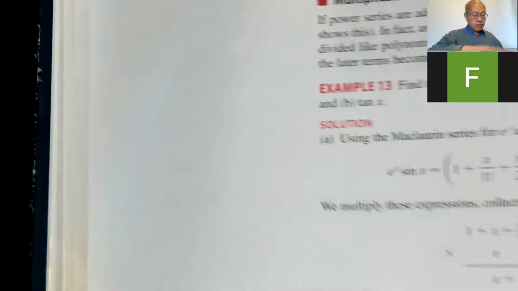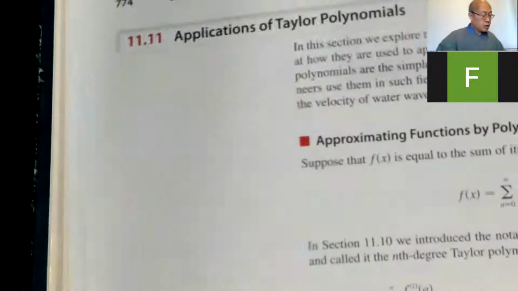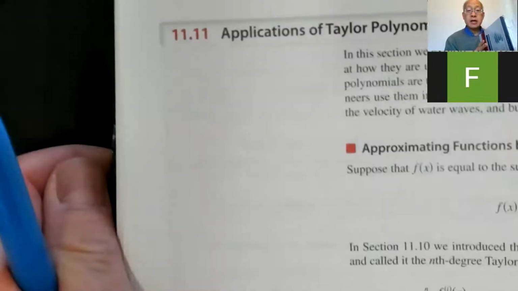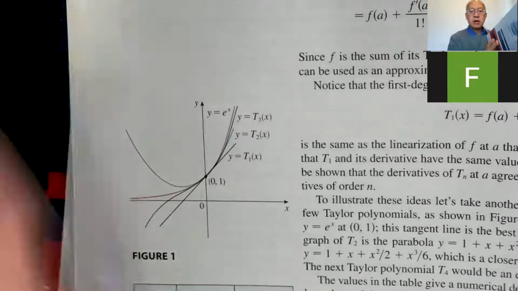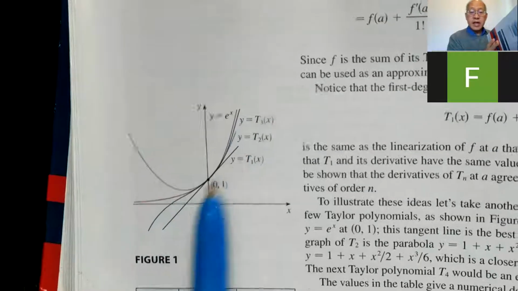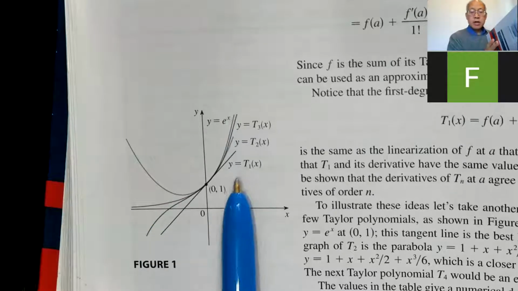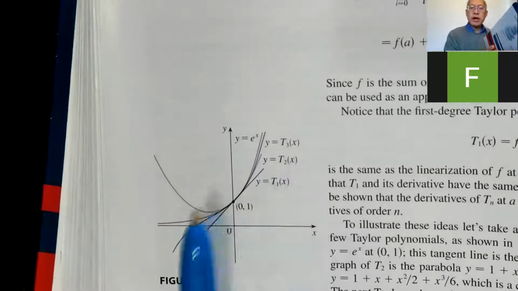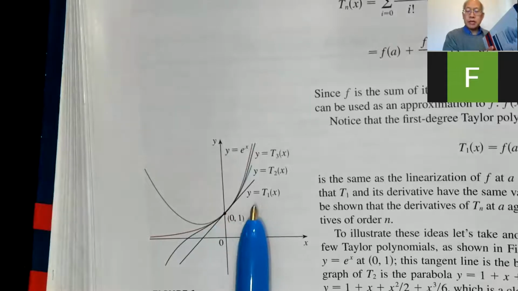Look at the picture, page 774. The red is e to the x. T1, that means Taylor polynomial degree 1. That's y equals 1 plus x.